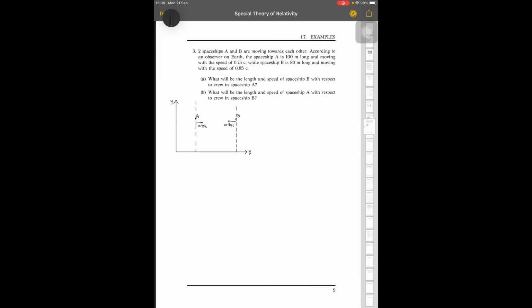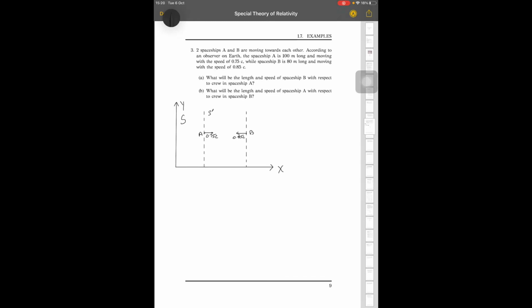In this question there are three frames: the S frame, the spaceship A and spaceship B. But we can convert it into two frames and one object problem by taking frame A as S dash frame and B as object for part A, and B as S dash frame and A as the object for part B. So for the first part we take S dash frame as A and we solve for that.